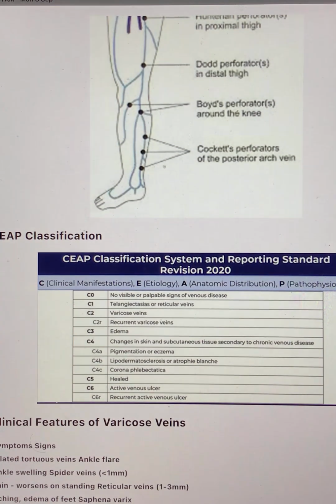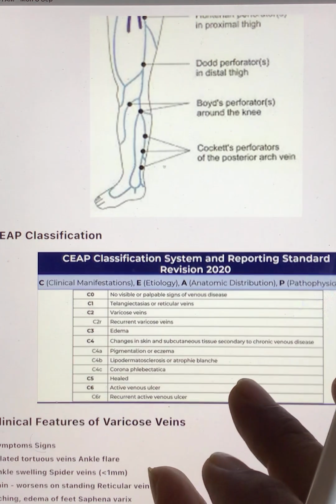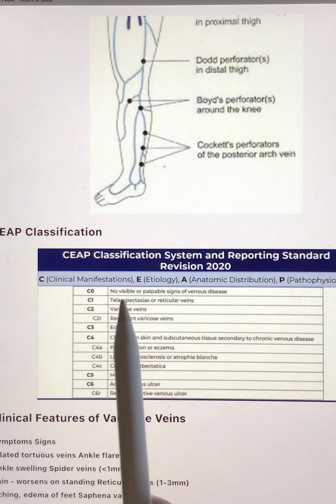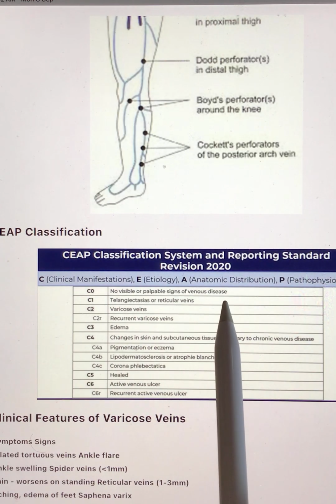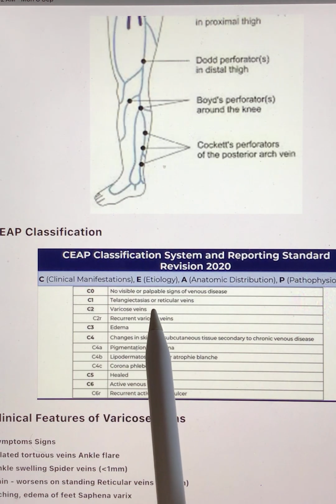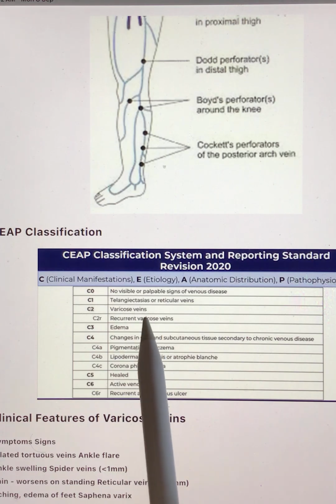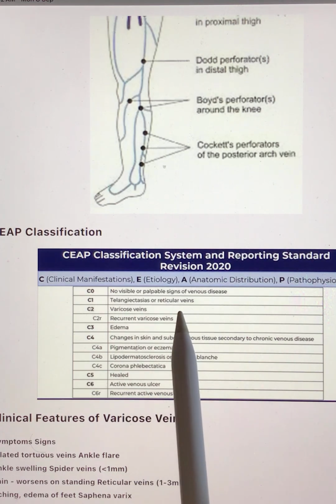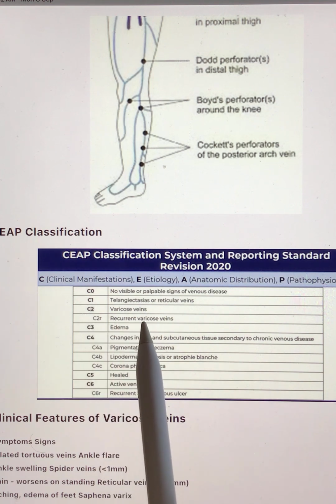Keep CEAP: clinical, etiology, anatomic, pathophysiology. C is clinical. C0, no visible or palpable signs of venous disease. C1 is telangiectasia, small bluish discoloration and small petechiae-like telangiectasia or reticular veins. C2 is varicose veins visible.